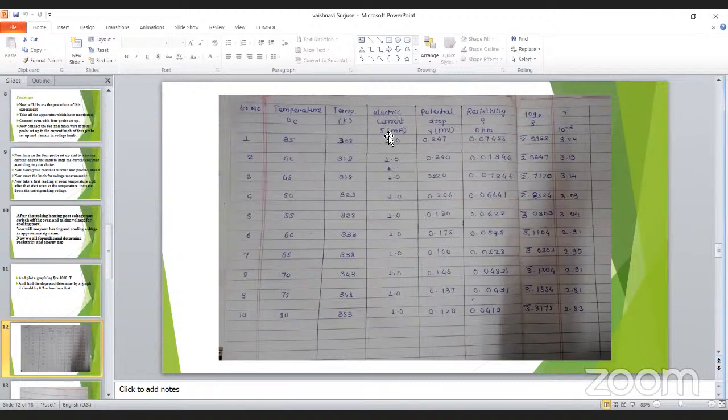This is the potential drop, which is the mean of the cooling voltage and heating voltage. This is the resistivity rho in ohm. This is calculated as log rho and 1/T into 10 raised to power minus 3 for the graph.